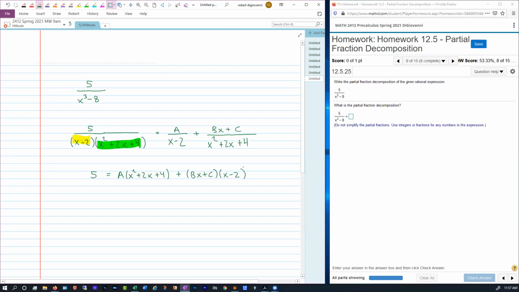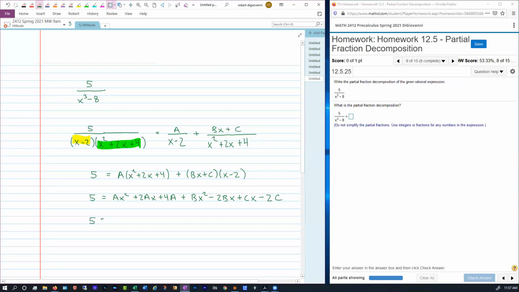Okay, I'm gonna try and go after this with the long way, so distribute the A through. Then on this one, I'm going to FOIL, so we get Bx squared minus 2Bx plus Cx minus 2C.